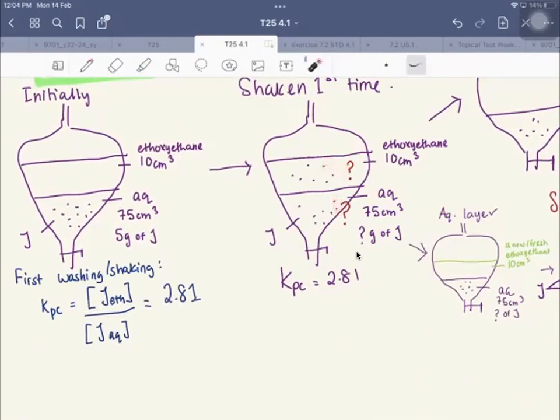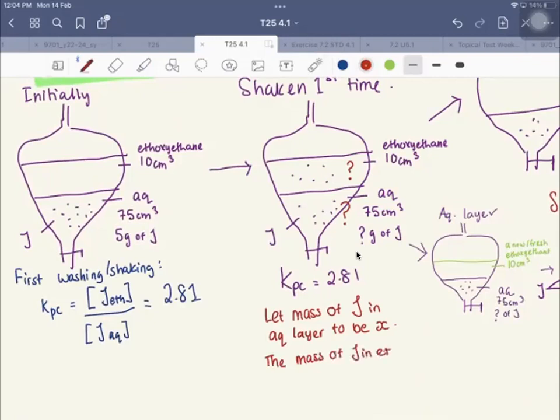But we know the volume. Because there are two unknowns, we need to let the mass of J in the aqueous layer be X. If the mass of J in aqueous layer is X, the mass of J in ethoxyethane will be 5 minus X. Do you all agree?